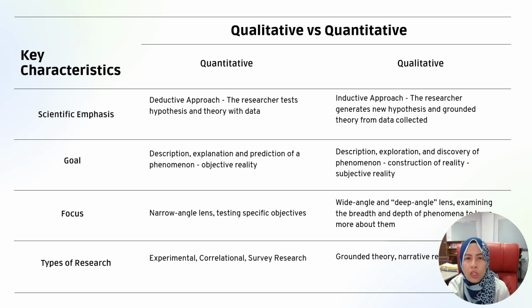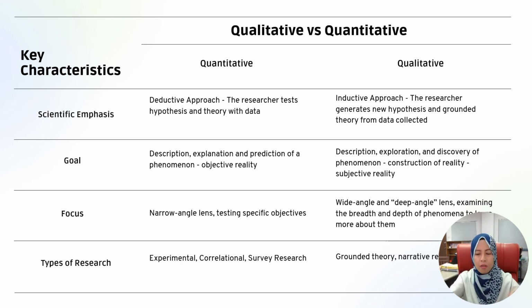Now let's look into the difference between qualitative and quantitative research. Normally, this is quantitative, this is qualitative. Quantitative normally is deductive approach, meaning that the researcher will test the parameter based on the theory. So it's a big thing deduct into small things.